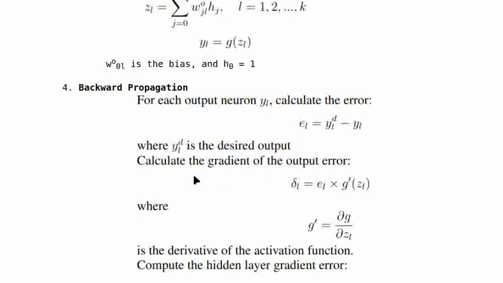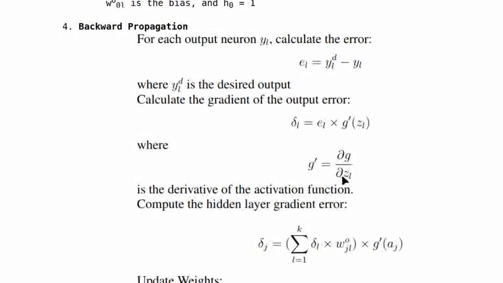And then we calculate the gradient of the output error using this formula that we discussed last time. With el, delta l, the gradient, is equal to this error times the derivative of the activation function. So g dash here is equal to partial g partial cl.